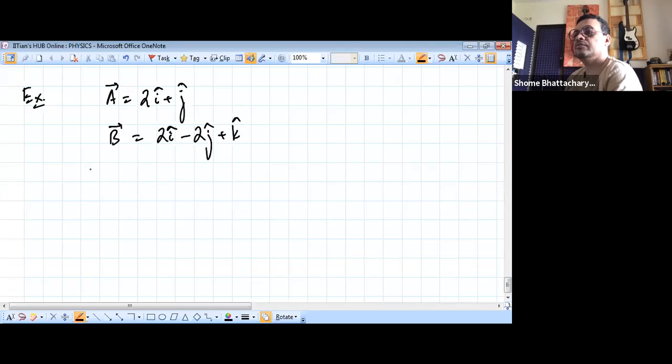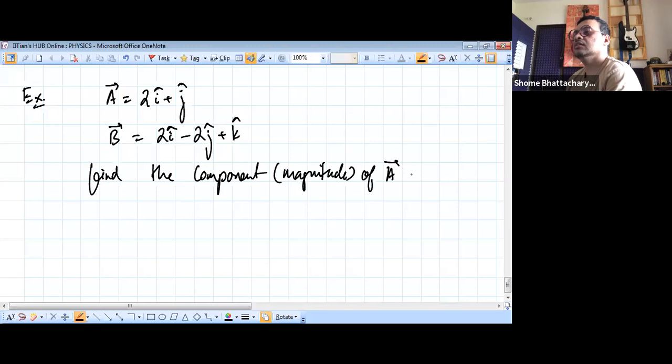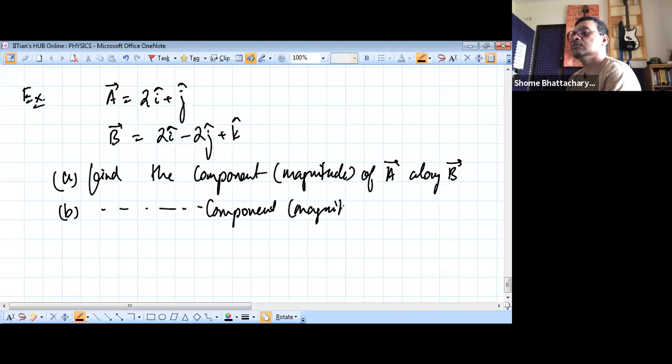Now we say find the component, that is the magnitude of this component, of vector A along vector B. And secondly, find the component in terms of magnitude only of A perpendicular to vector B.